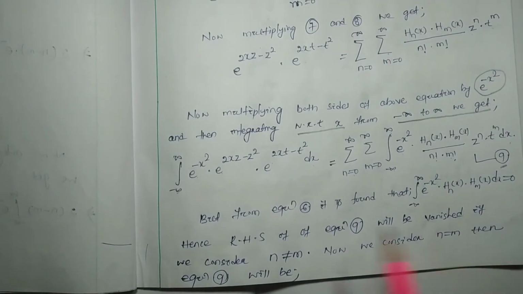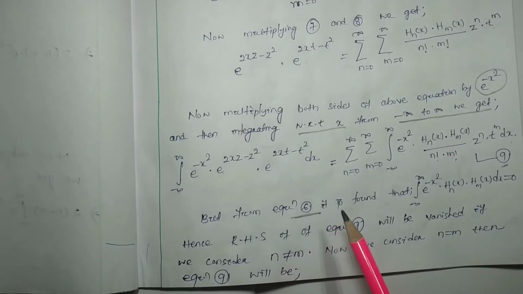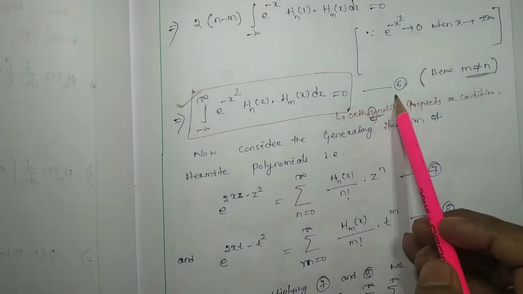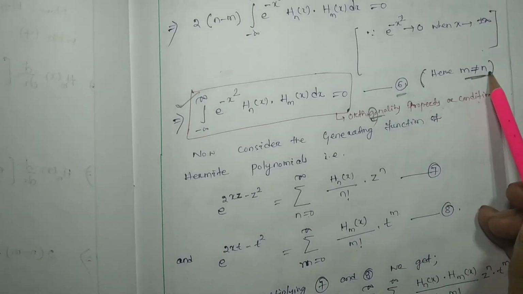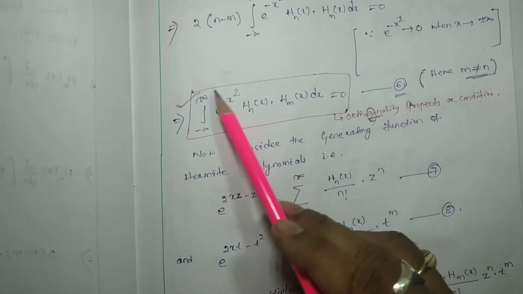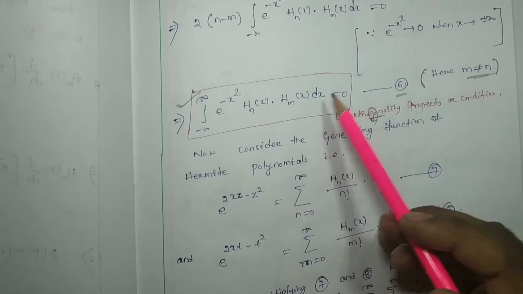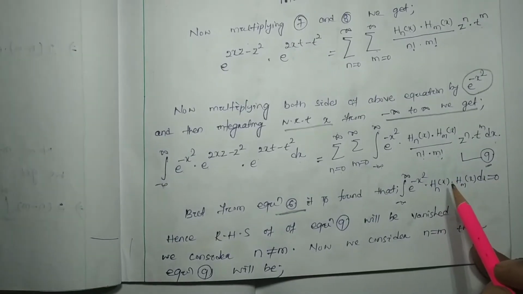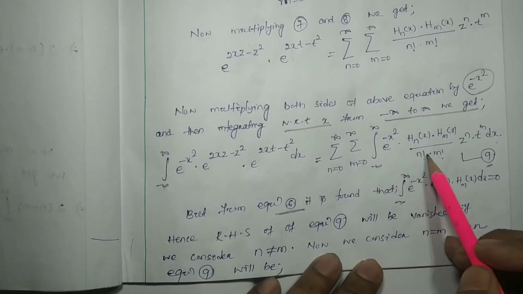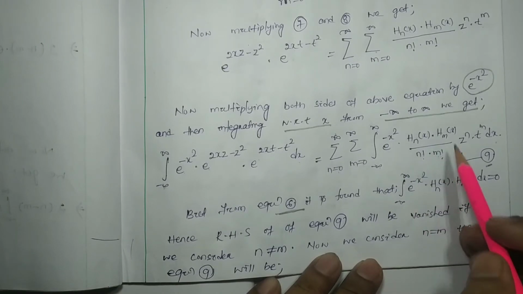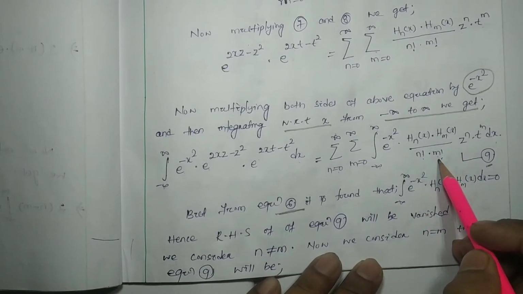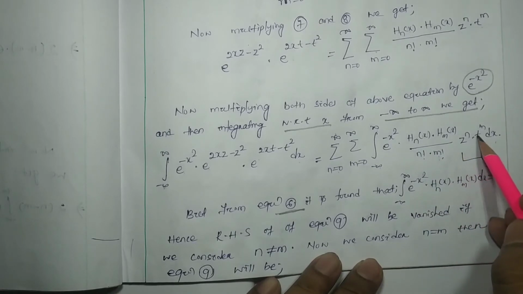But equation number 6, what did we find? From equation number 6 we found the orthogonality property, meaning for m not equal to n, the value of this integral is equal to 0. So here the same type of integral we can find. See, n factorial m factorial is constant. Here z to the power n and t to the power m are both not functions of x.